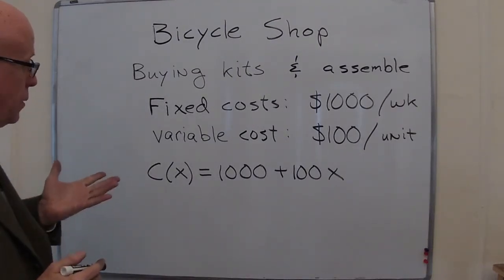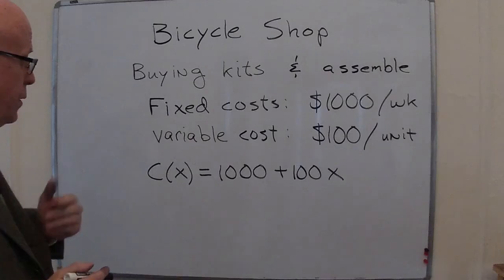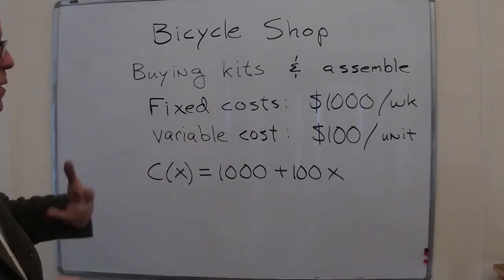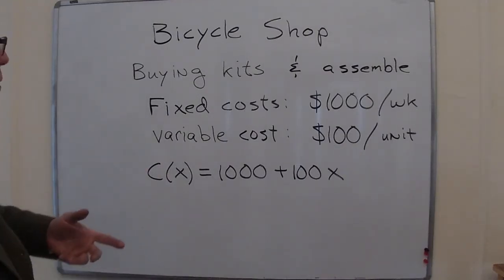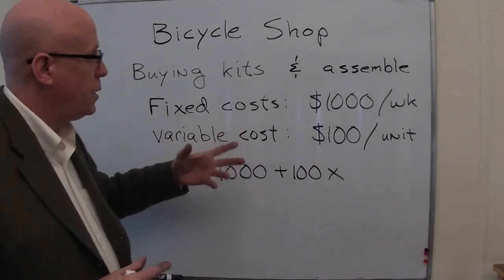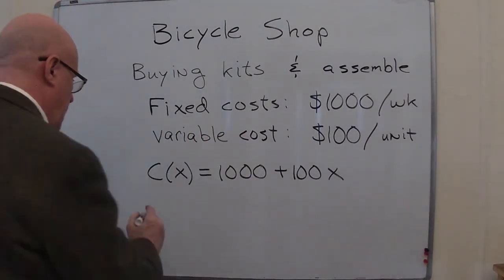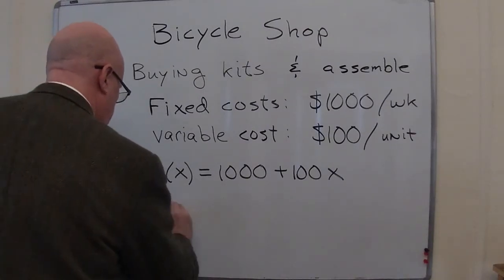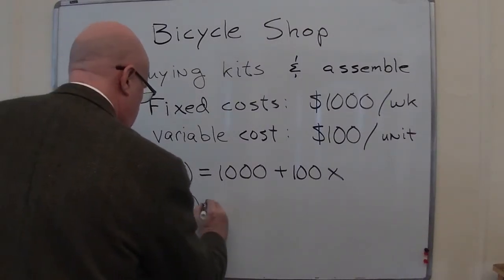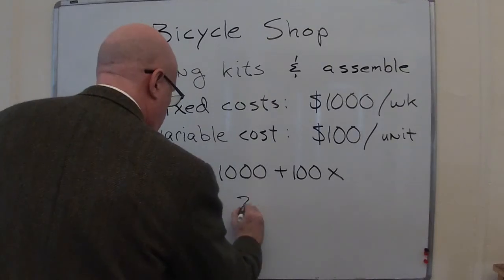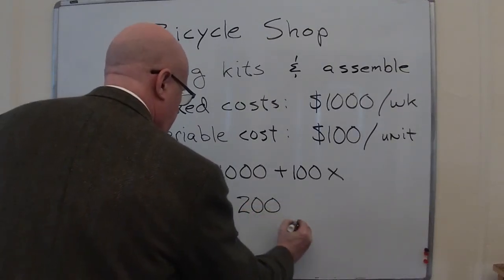So that's cost. Now, revenue. Let's assume, again to keep nice round numbers, that once these kits have been assembled into a finished bike, you can sell them for $200. So your revenue function, R of x, is 200 times your production level.